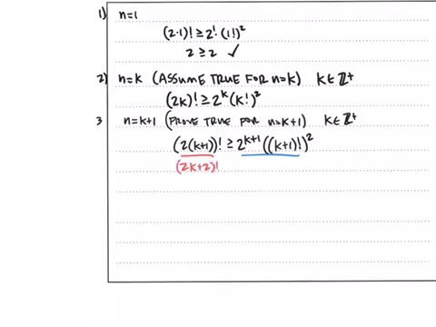All I did was distribute that. Well, that's going to be equal to, by the definition of factorial, (2k+2) times (2k+1) times (2k)!. Okay, so I'm going to bring that along to the next line here: (2k+2)(2k+1)(2k)!.